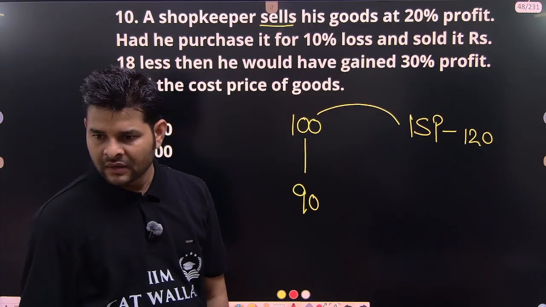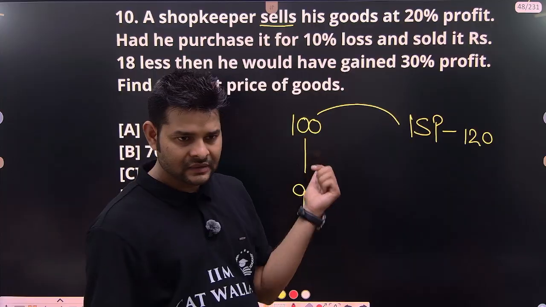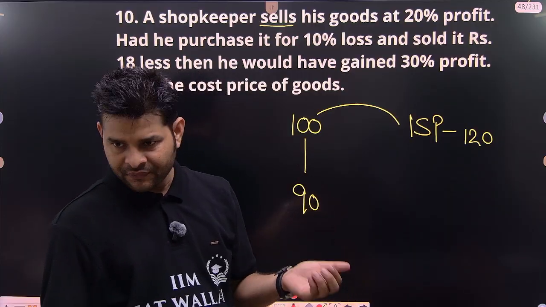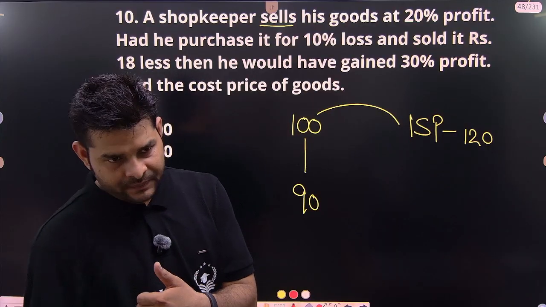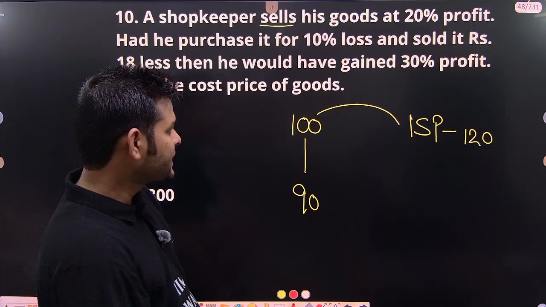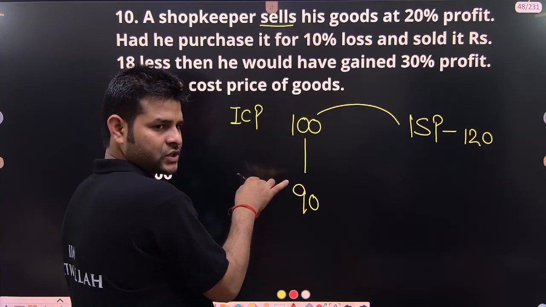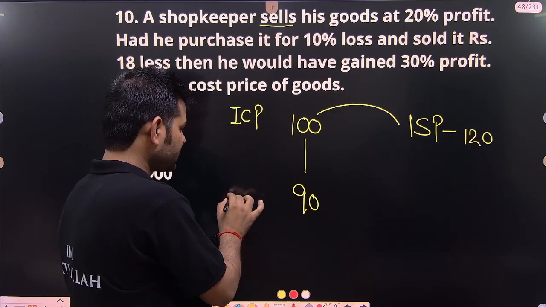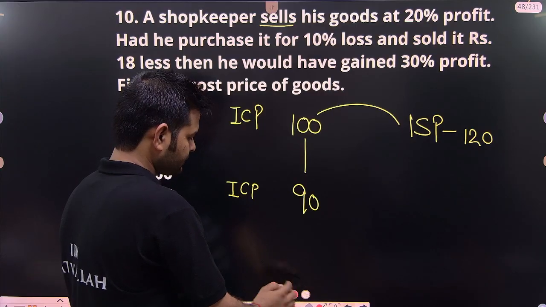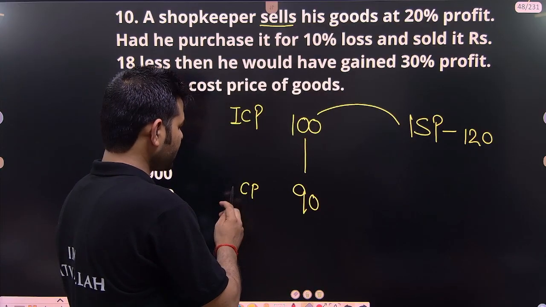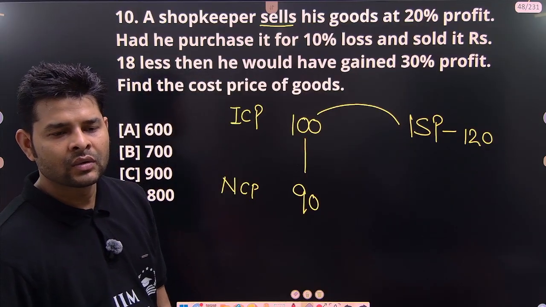First we considered CP as 100. If 10% loss, then the new CP must be 90. So that is the initial CP that we considered, and according to the question, we have taken the new CP, that would be 90 units. Not clear?